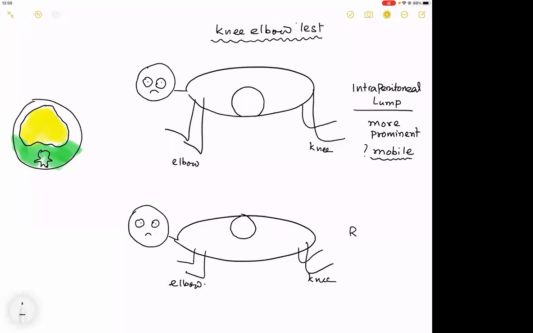Retroperitoneal lumps are going to be less prominent and have decreased mobility, if you can see the mobility.